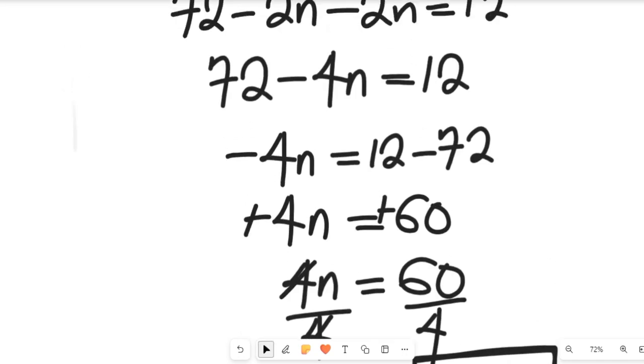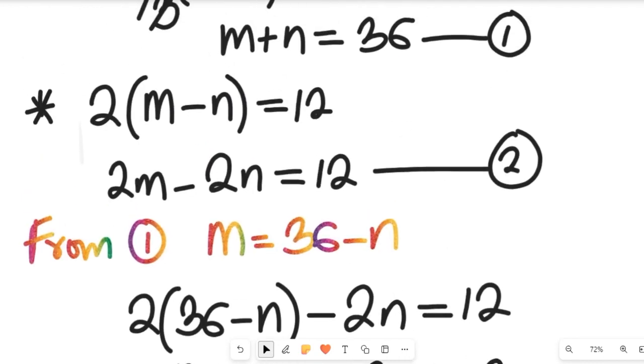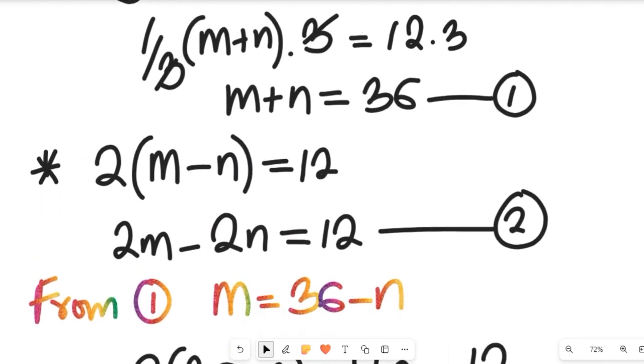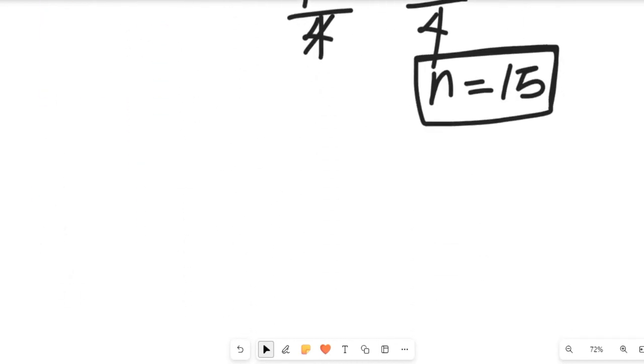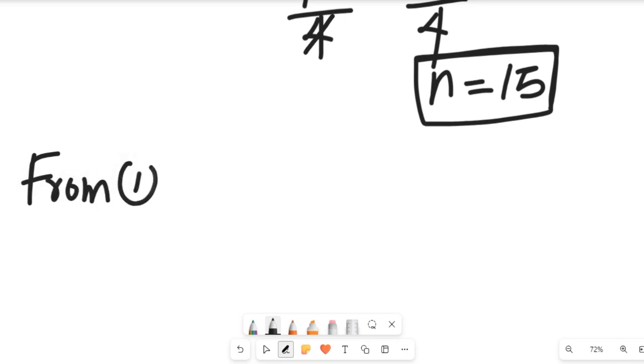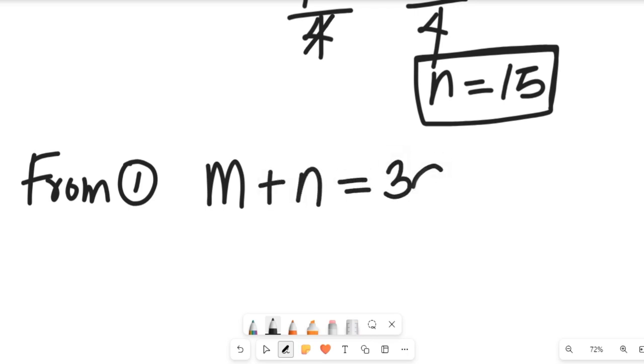Having gotten the value of n, you can simply substitute the value of n into equation 1. Equation 1 says m plus n is equal to 36. So as n is 15, m plus 15 is equal to 36.